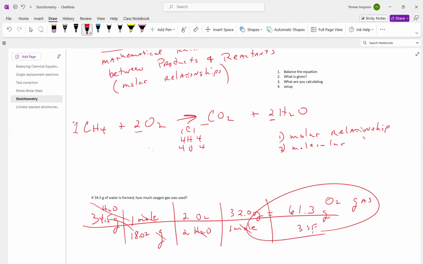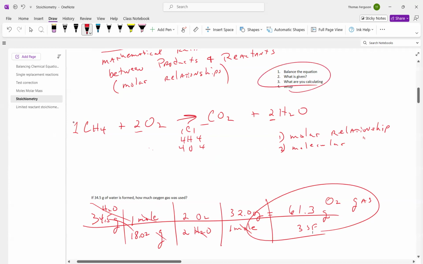Or 1 mole of methane reacts with 2 moles of oxygen gas, gives us 1 mole of carbon dioxide, 2 moles of water. Now, the reason why we balance the equation is we need a molar ratio between what we start with and what we end with. And that's the essence of stoichiometry.